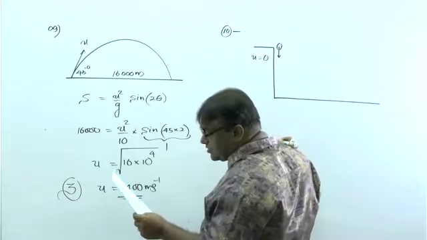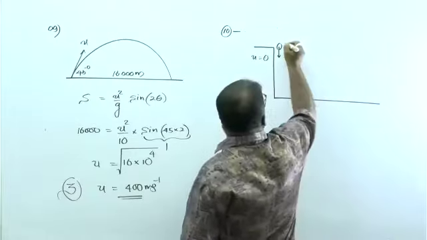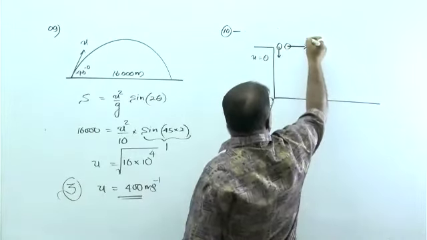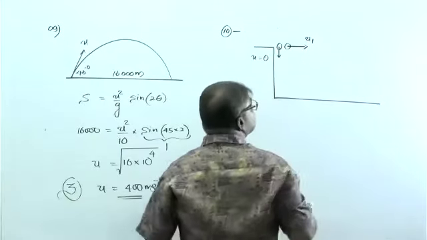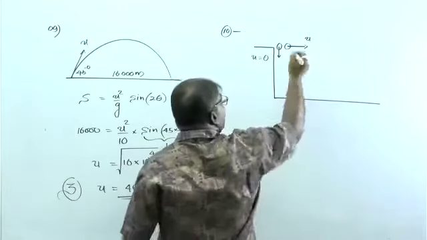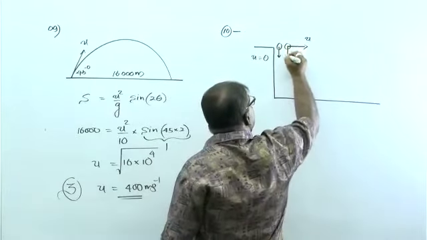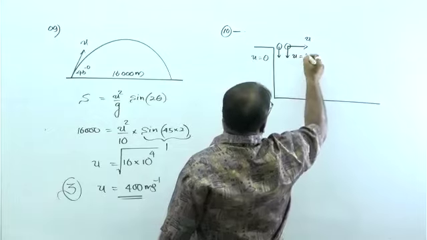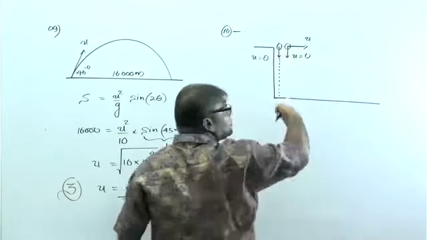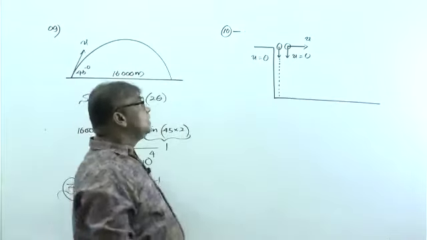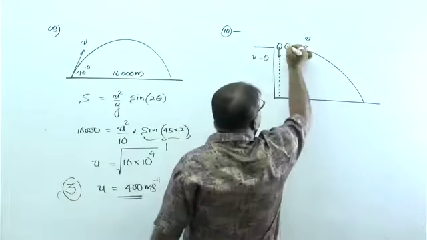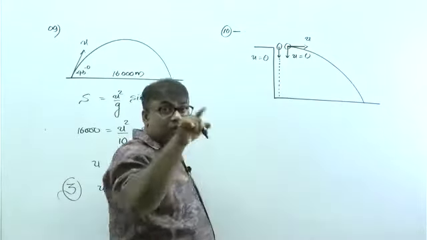And throws spear B horizontally with a certain velocity u. No matter. Horizontally means the downward velocity is 0. So this one arrives to the ground with vertical velocity starting from 0, and this one is also the same.